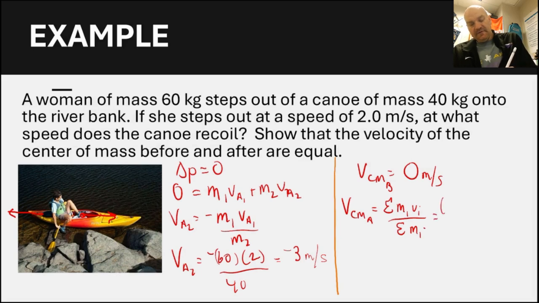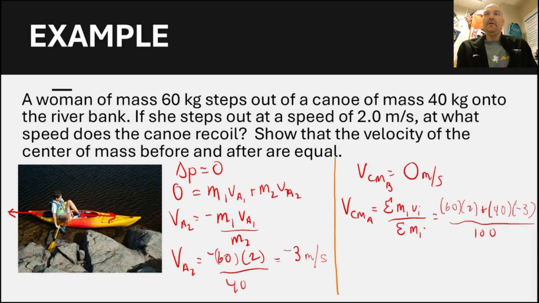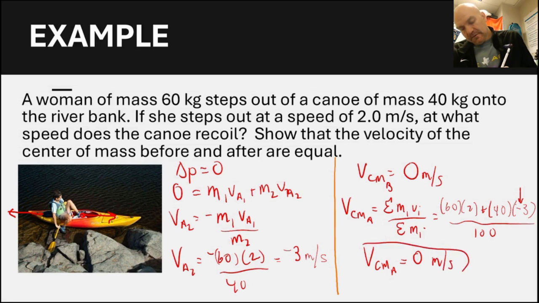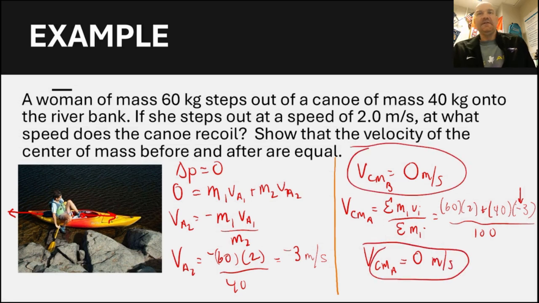And so we have 60 times 2 plus 40 times negative 3, divided by 100. Now, don't forget your negative sign, because remember, the canoe recoils, so it goes backwards. And here we go. So 60 times 2 is 120, 40 times 3 is 120, but that's negative, so you get 120 minus 120 over 100. Well, right, the before and after velocity of the system is 0 meters per second.